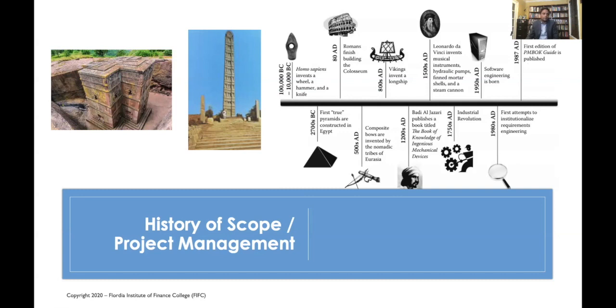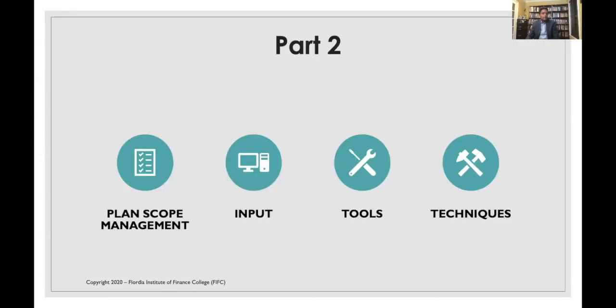So let's move to part 2 of this module 1. This is where we talk about the first process, one of the 6 processes identified in project scope management by PMI in its PMBOK, which is plan scope management.